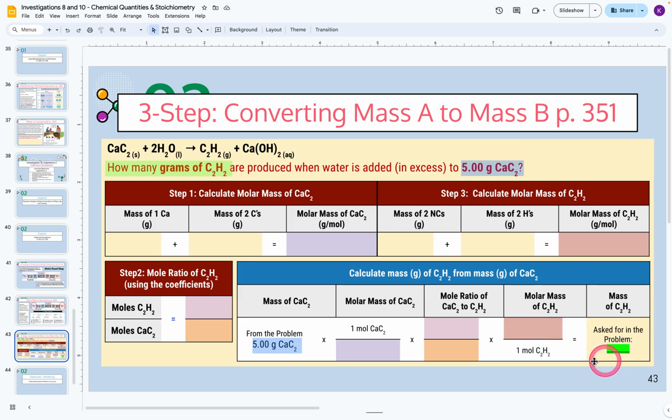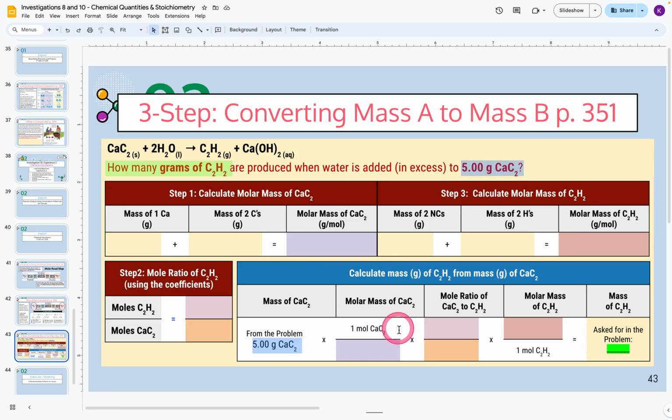Then you do the bottom, and again, you add these together, 40 and 24, 64, so about 64. Then here you're using the coefficients of the balanced equation. Holy mackerel, they're both 1. That wasn't a very good problem. So they both become 1.